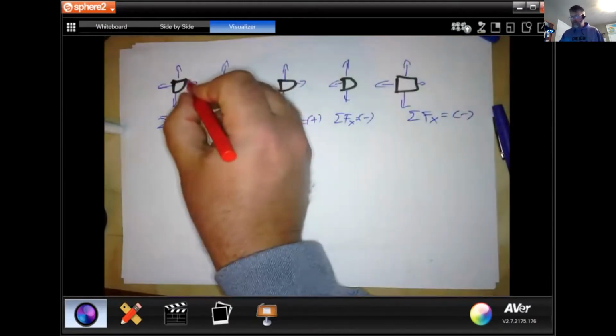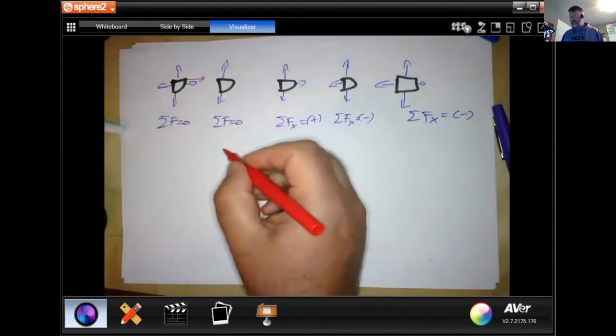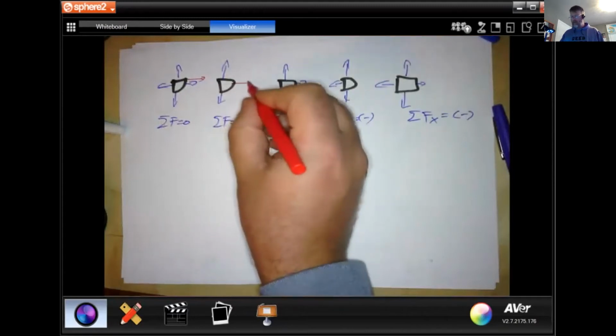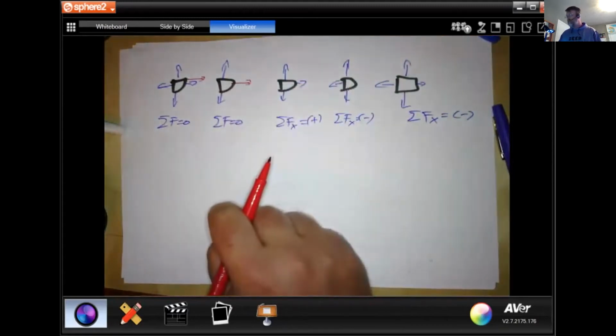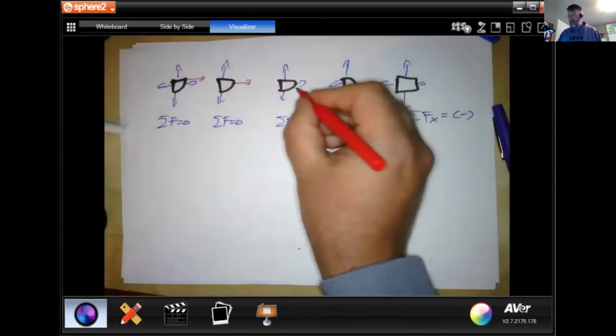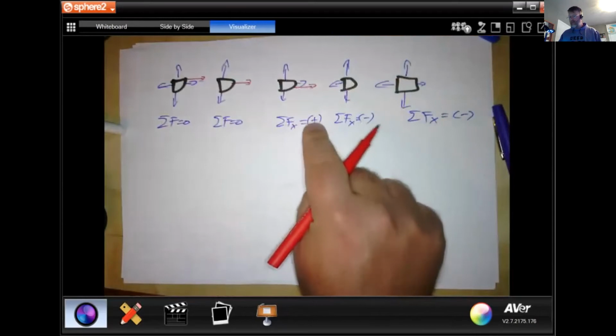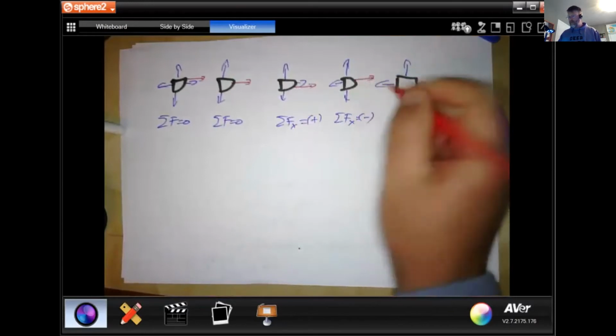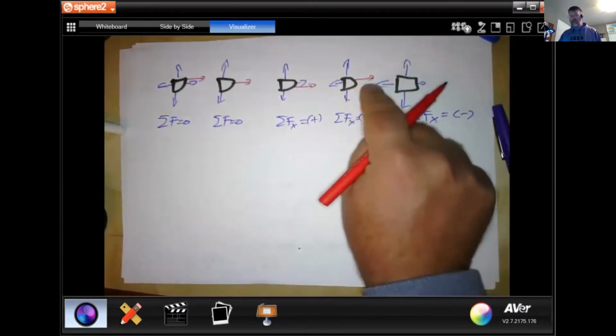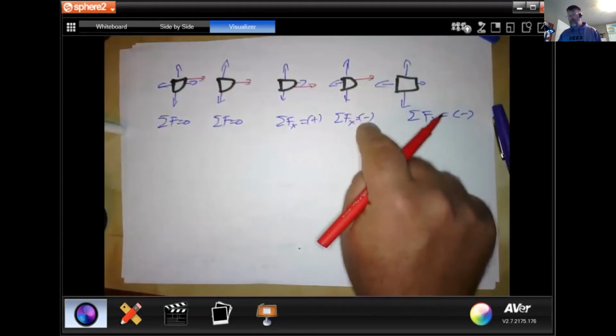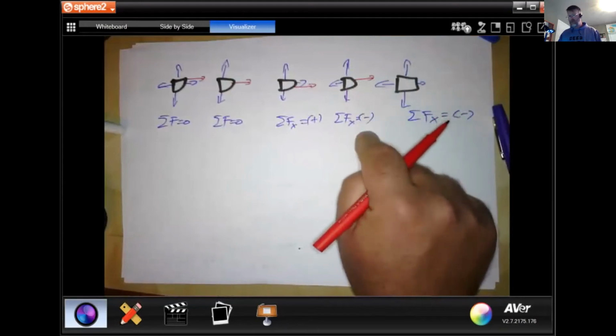Could this be moving in a straight line at a constant speed? Yes. Can that one be moving in a straight line at a constant speed? Yes. How about this one? Can that be moving in this direction with a positive acceleration? Yeah. Can this one be moving to the right with a negative acceleration, meaning it's slowing down?